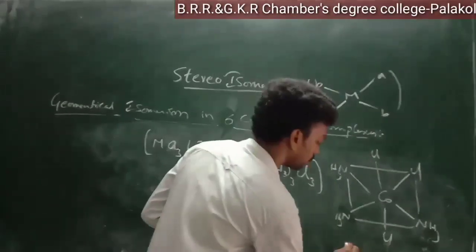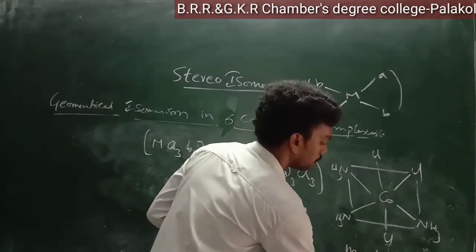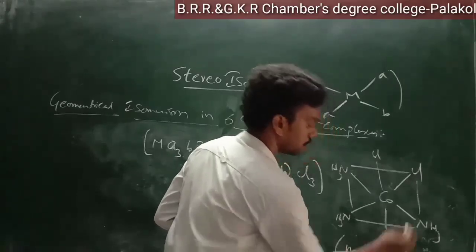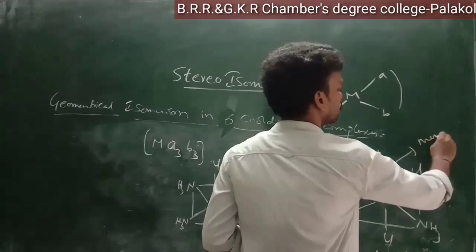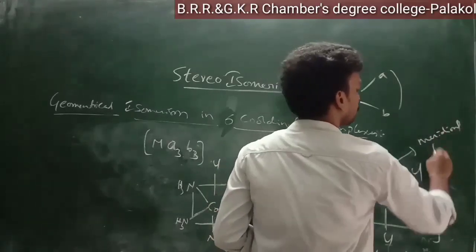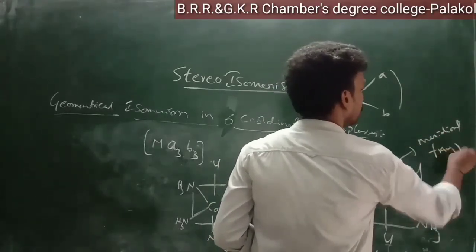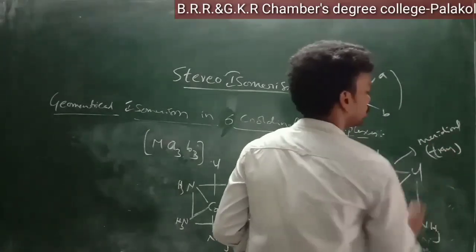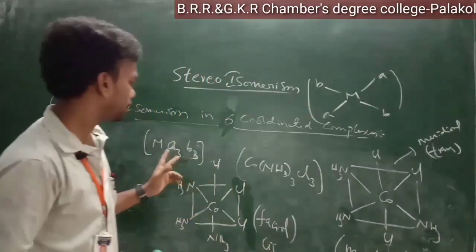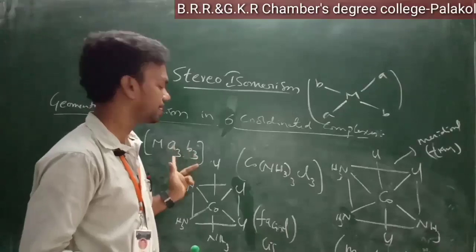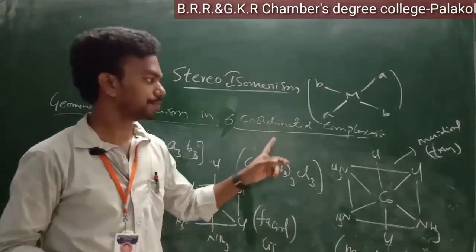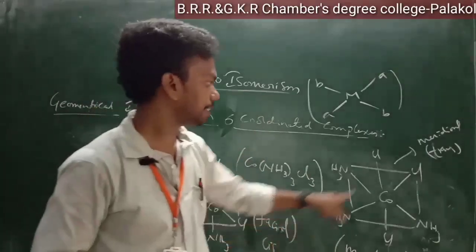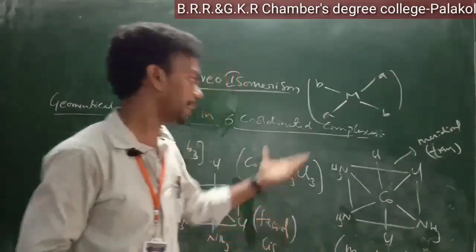So this is trans or meridional. So meridional, trans. Okay. So this octahedral complex of this type exhibits two types of geometrical isomer. One is facial, and the second one is meridional. One is cis and trans, right?